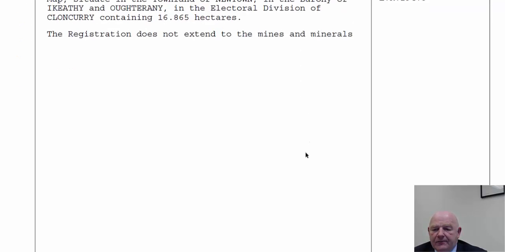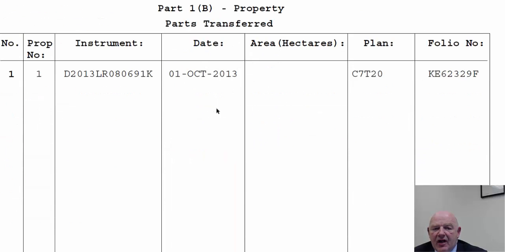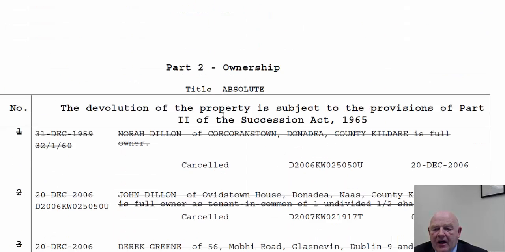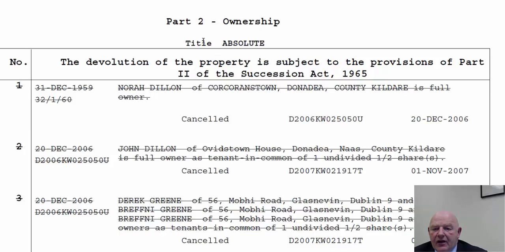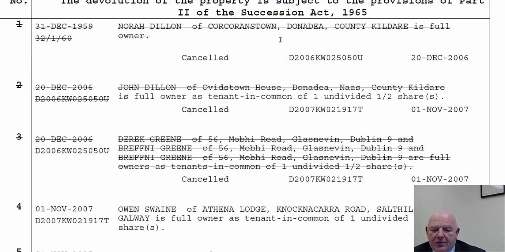That'll be stated here. Part 2 of the folio then shows property that's been transferred out of it, in other words, maybe a site sold off or a section sold off. Part 2 also sets out that the type of title on offer here is absolute, not limited ownership, it's absolute ownership.